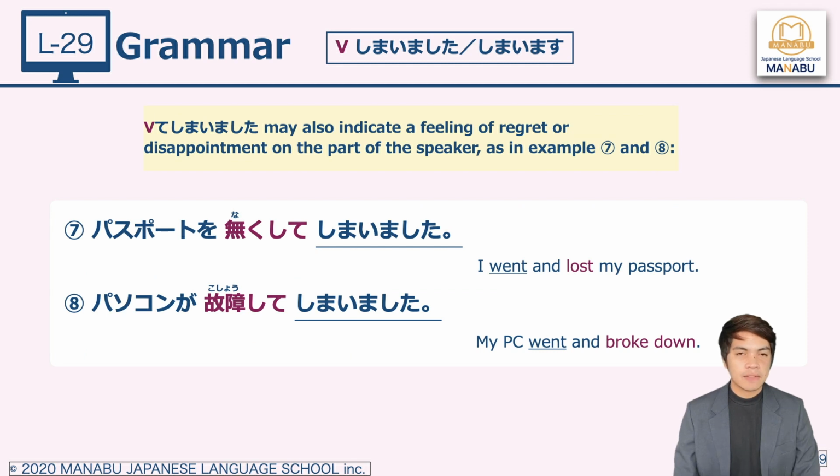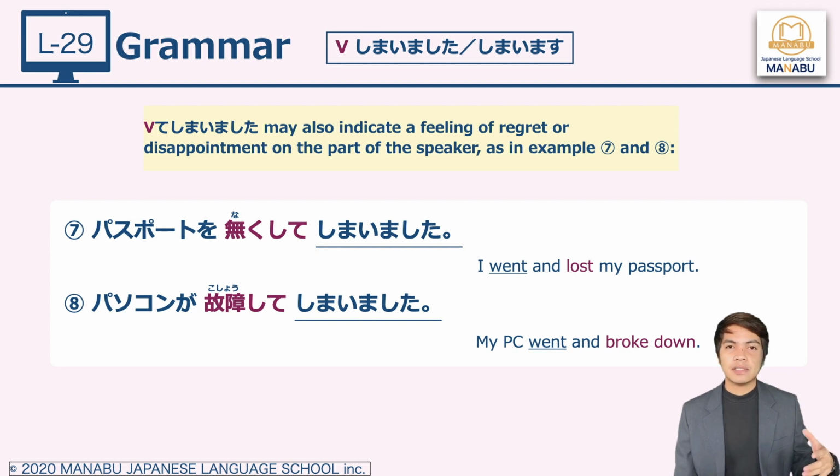The other use of the verb te shimaimashita is to indicate a feeling of regret or disappointment on the part of the speaker. Just like this example number 7, passporto nakushite shimaimashita. From the verb passporto nakushimasu, to lose your passport.